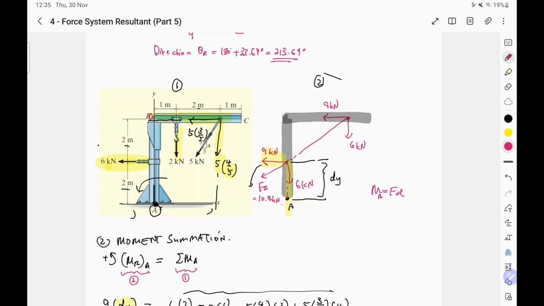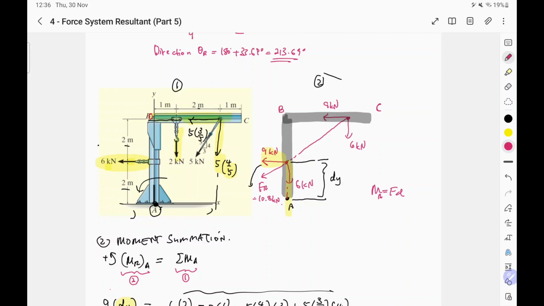So this time around, it wants to know what is the line of action along column BC. So again, the method is the same. It depends on where you want the reference point. Let's say you want to use reference point A, you can; you want to use reference point B, you can; you want to use reference point C, you can too, no problem.